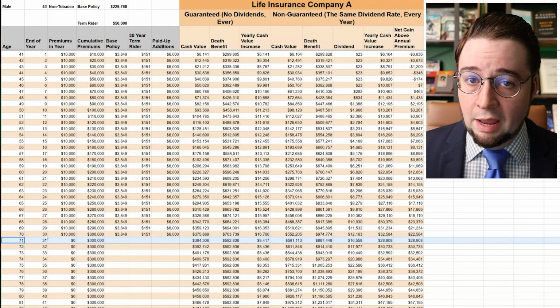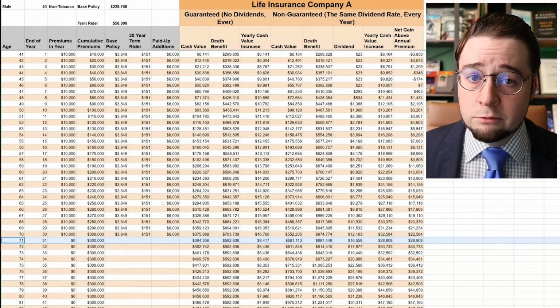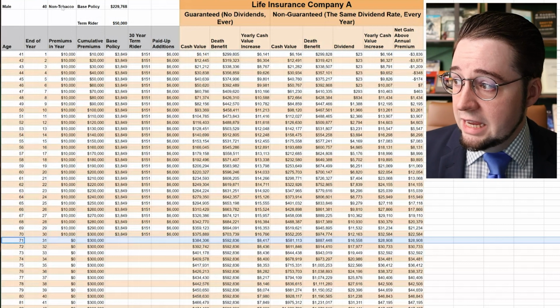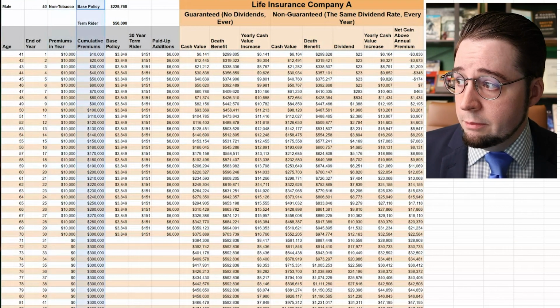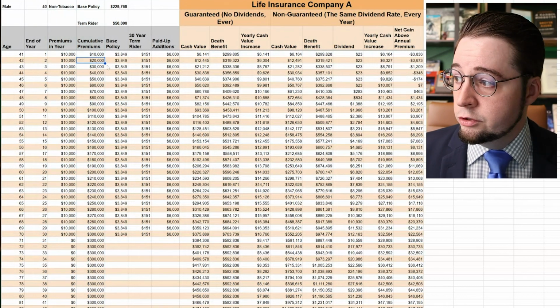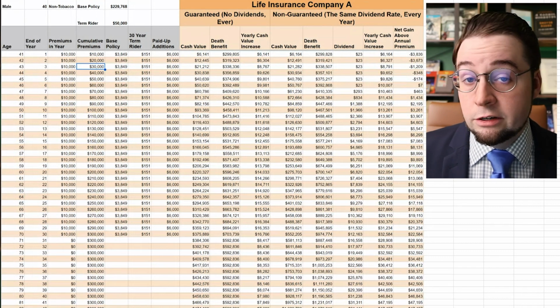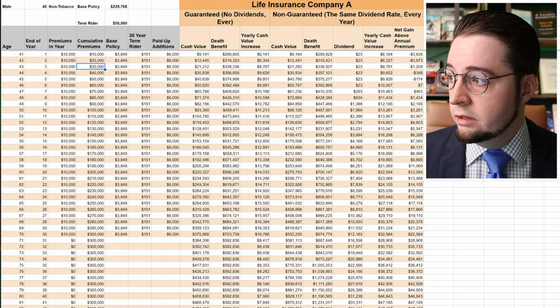In the insurance world, paid up means there are no more premiums due. Okay. So the $10,000 total premium being paid is going to accumulate. So after 2 years, there's been $20,000 total paid in. After 3 years, there's been 30, etc.